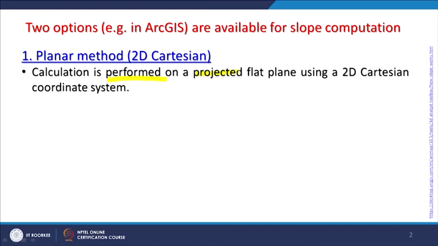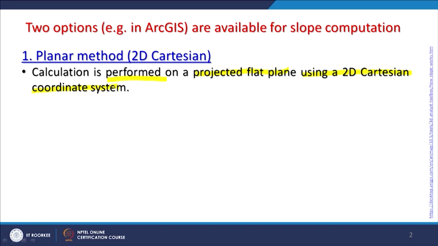So, the first option, which is the default, is the planar method, which we have also briefly touched on in the previous discussion. It performs the calculation on a projected flat plane using a 2D Cartesian coordinate system.